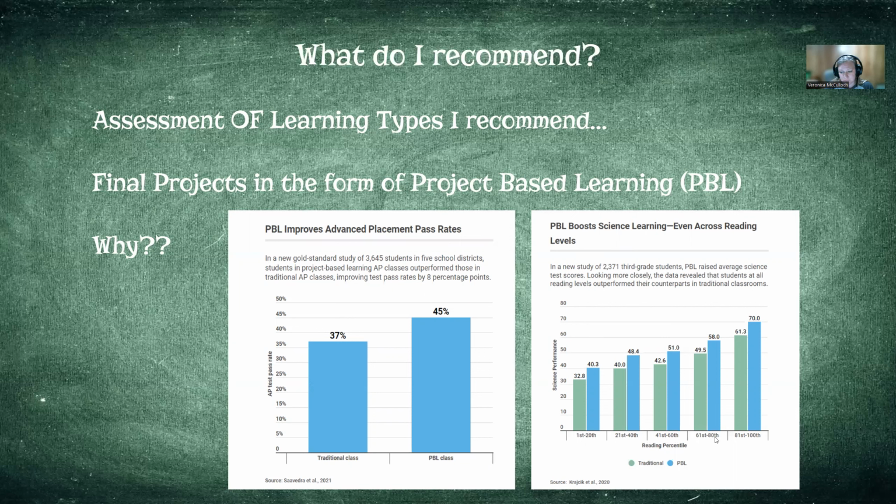Here, you can definitely see in the reading percentile that the blue, which is the PBL, is much higher than the other scores here. Also, in a traditional class where there was no project-based learning, they scored 37%, but those who were put in a PBL class scored a 45%. That is significant.